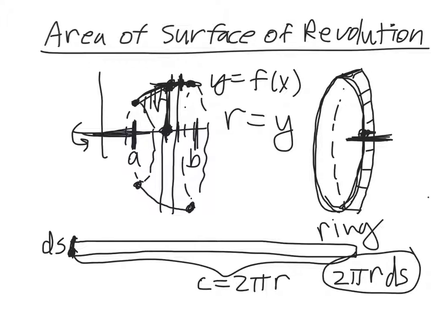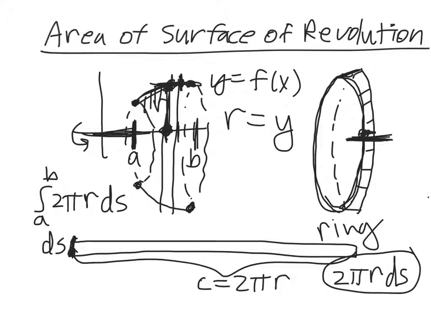So our integral goes from A to B, 2 pi r ds. Now that's the basic formula. We've got a little ways to go yet, but that's the basic idea of how we're going to be finding the area of the surface of revolution.